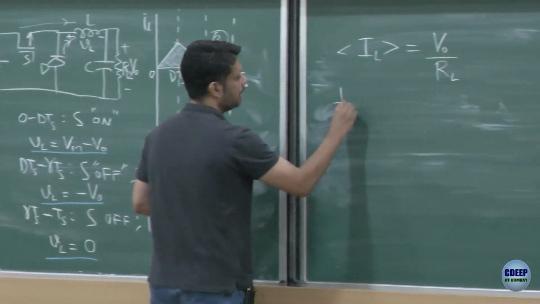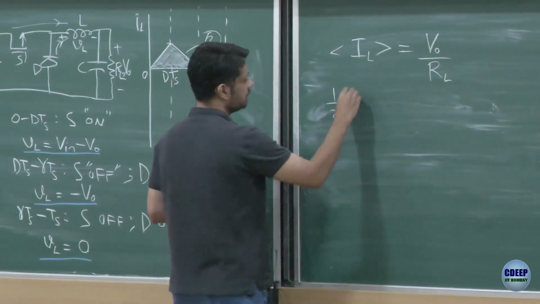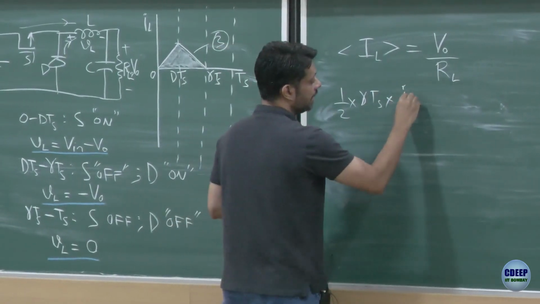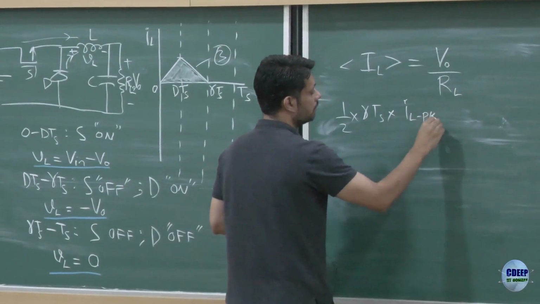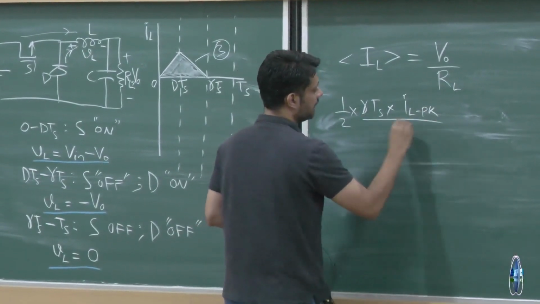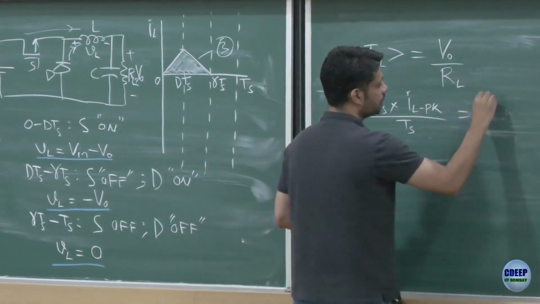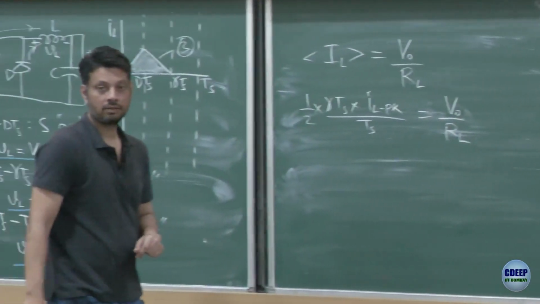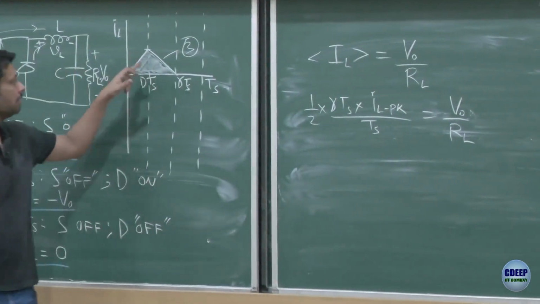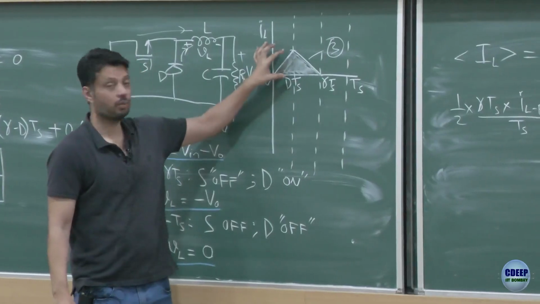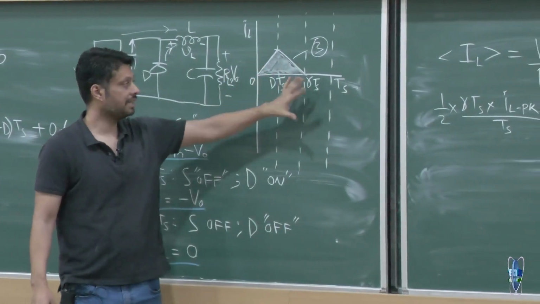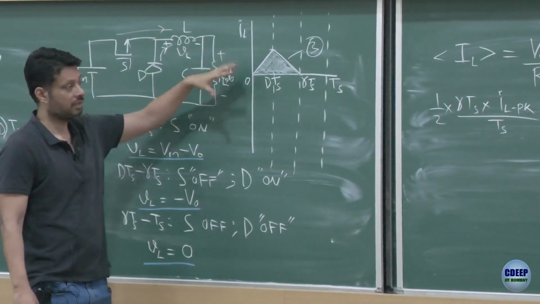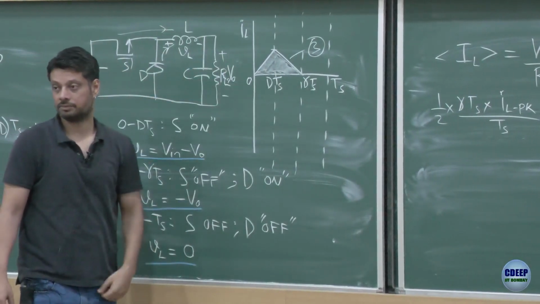It is half into base into height, let us say IL peak value, divided by the total period Ts, equals V naught by RL. Half into gamma times Ts into I peak divided by Ts is the average current, and this average current must be equal to the average load current, which is V naught by RL.